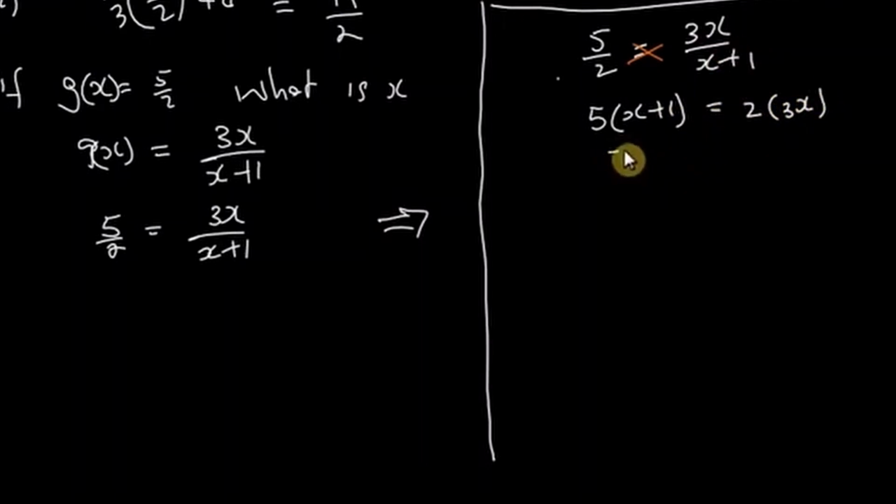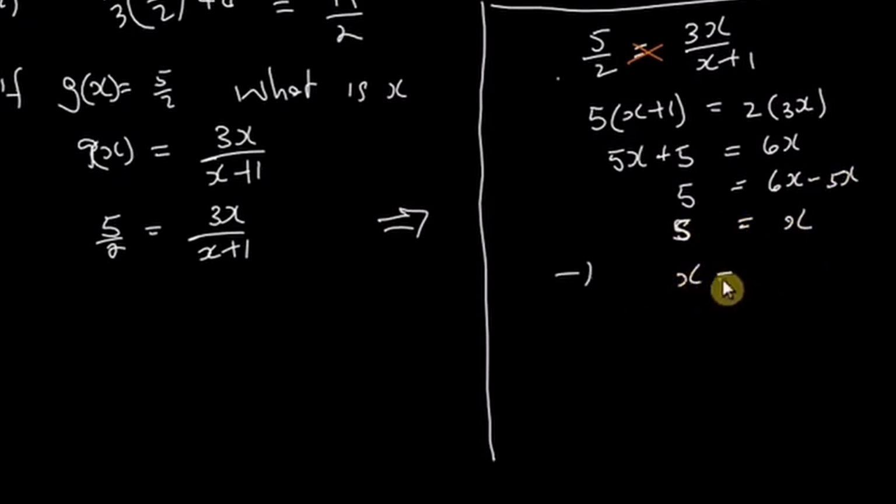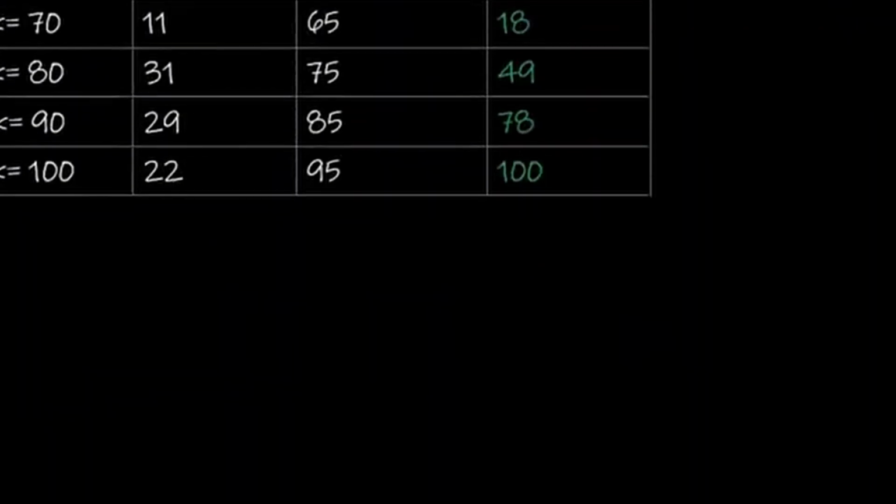Therefore, 5x plus 5 is equal to 6x. And if I take this x across, I'll have 5 is equal to 6x minus 5x. And therefore, 5 is equal to x, or x is equal to 5. Okay, let's move on to question number 5.